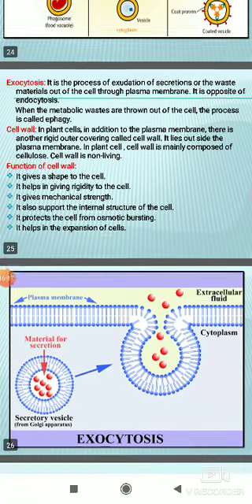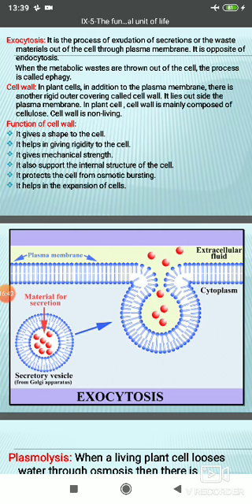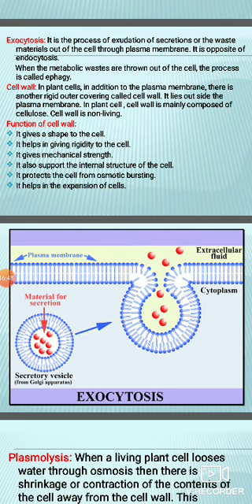This is how the plasma membrane undergoes invagination, and it helps in exocytosis. See, all the molecules which need to be excreted or secreted are present in the form of vesicles. Okay, these vesicles are being secreted by whom? Golgi apparatus. In the next class we will see that Golgi apparatus is a cell organelle which helps in the packaging of materials.